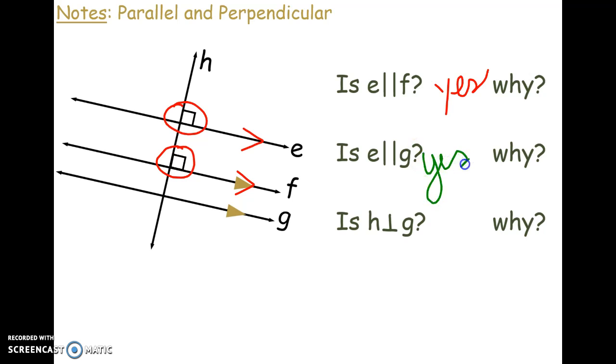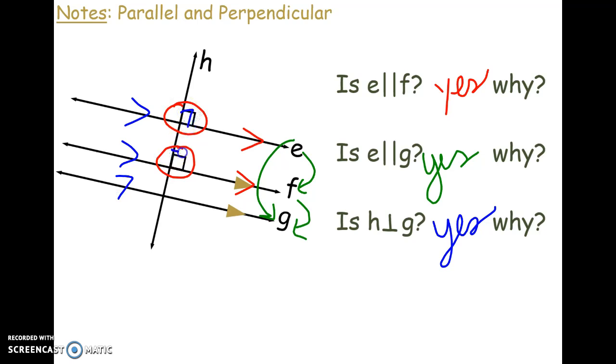That would be yes, because if these two are parallel and then these two are parallel, then these two must be parallel. And then is H perpendicular to G? That would be yes, because if these are all parallel and it's perpendicular to these two, it has to be perpendicular to the last one.